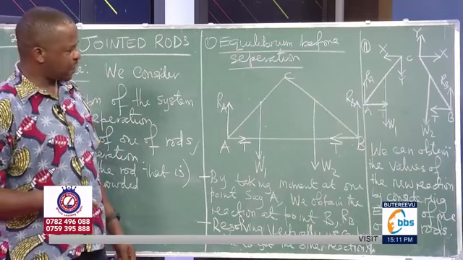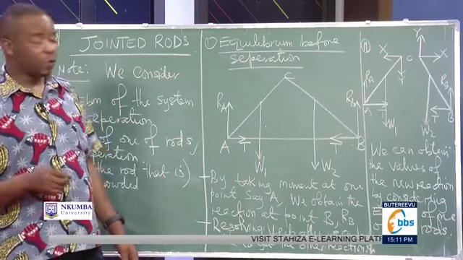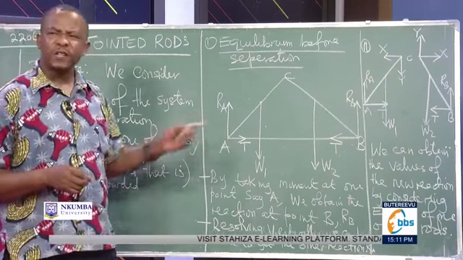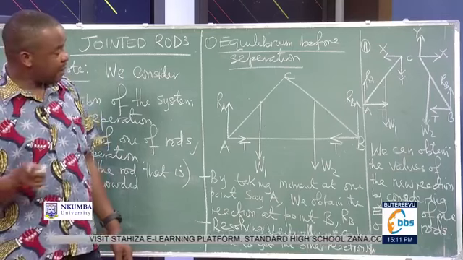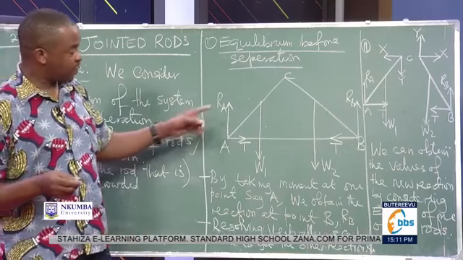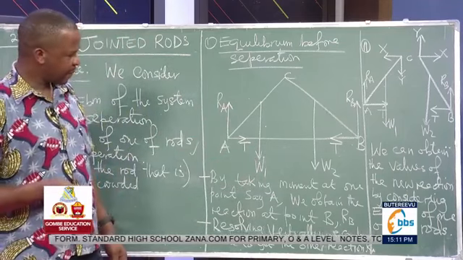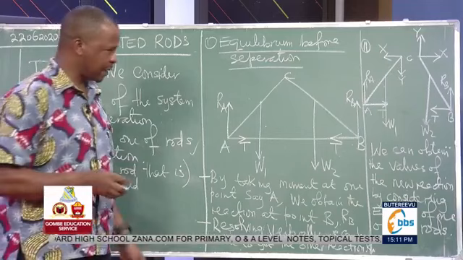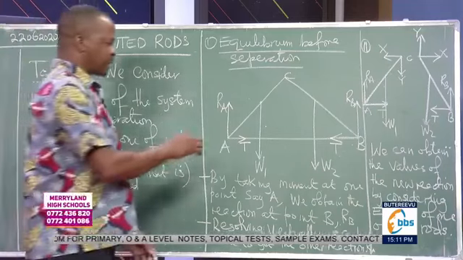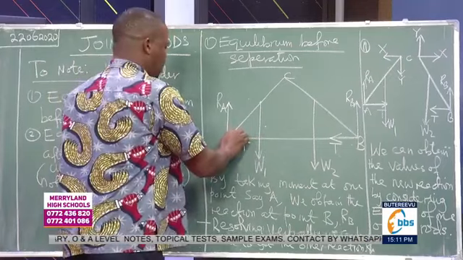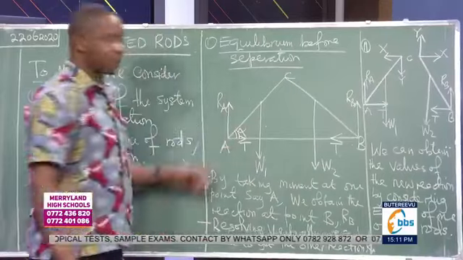Two, we need to have knowledge of what a moment of force is. And we say a moment of force is the product of the force and its perpendicular distance. I can simply illustrate that, assuming that this angle is alpha.